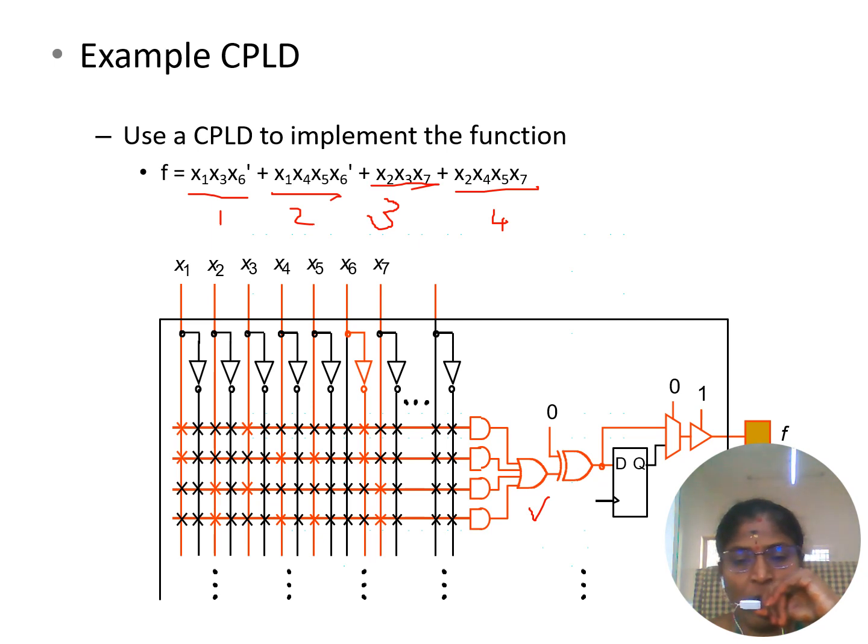Depending upon the number of functions, the number of PAL-like blocks are connected. So this is the simple example, and we have discussed what is CPLD and how a logic expression can be implemented into CPLD. Thank you.